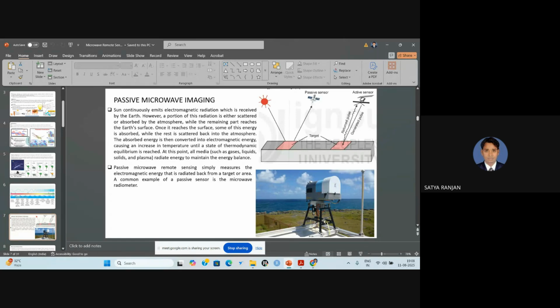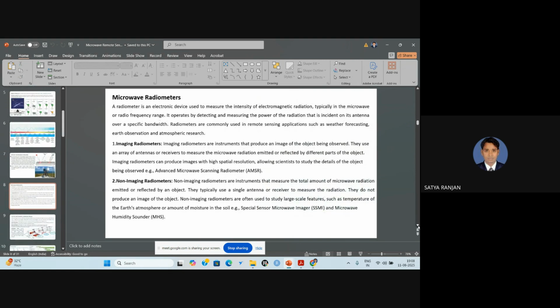Generally, a microwave radiometer measures the intensity of electromagnetic radiation in the microwave and radio frequency range, detecting and measuring the power of the radiations. There are imaging radiometers, which create an image, and non-imaging radiometers. Examples of imaging radiometers are the Advanced Microwave Scanning Radiometer (AMSR), and examples of non-imaging radiometers are the Special Sensor Microwave Imager (SSMI) and the Microwave Humidity Sounder (MHS).